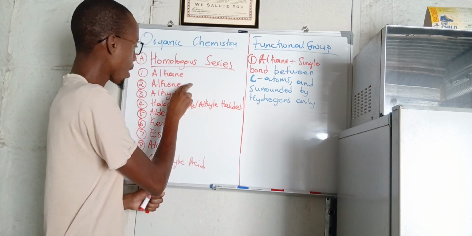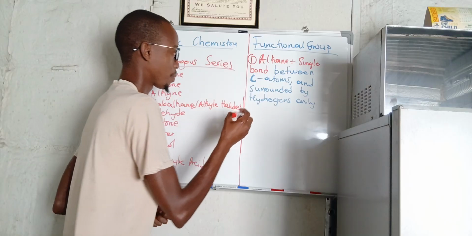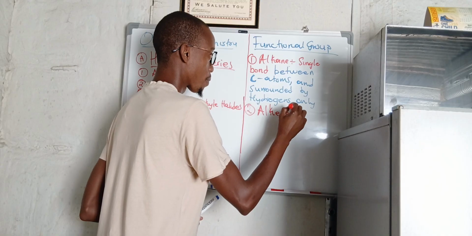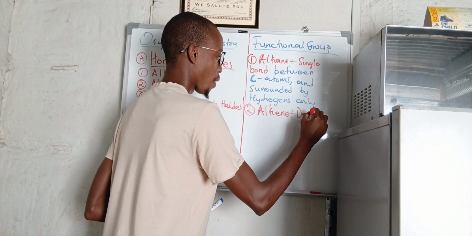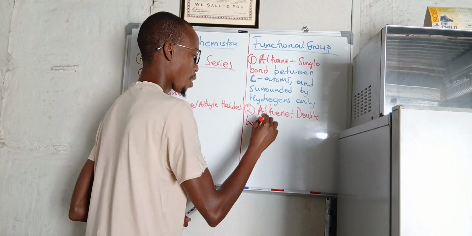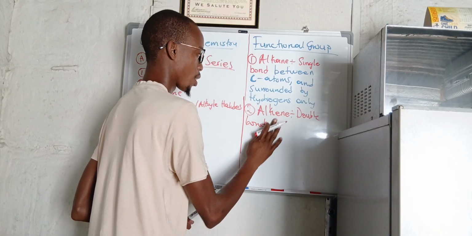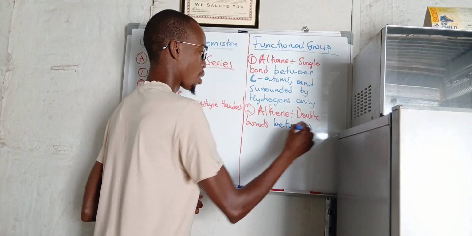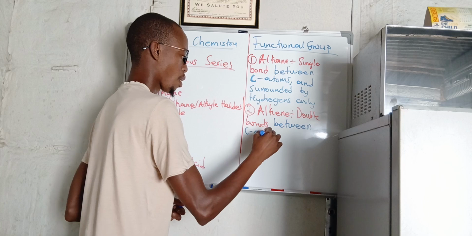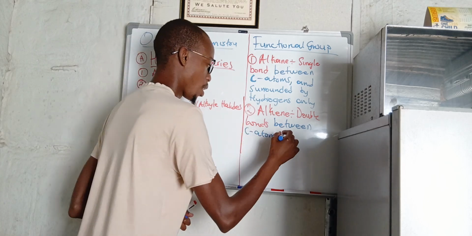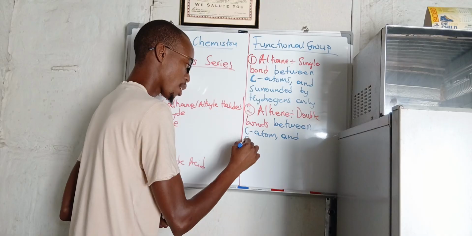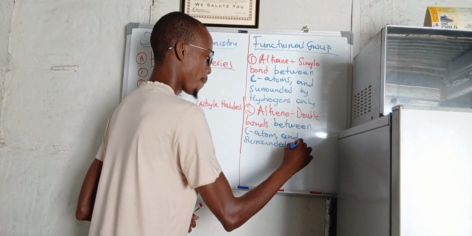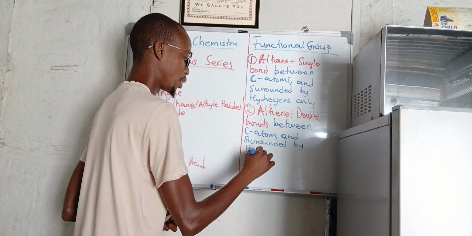Now, the second one, alkene. Double bonds between, change of color, between C atoms and surrounded by hydrogens only.